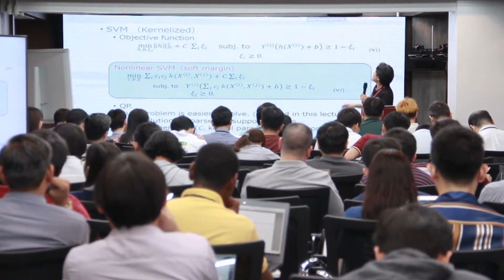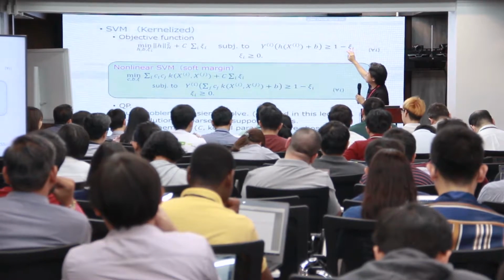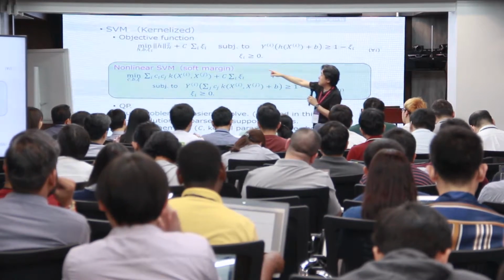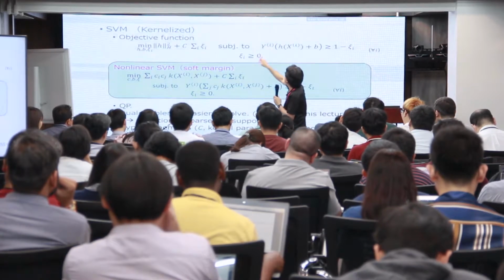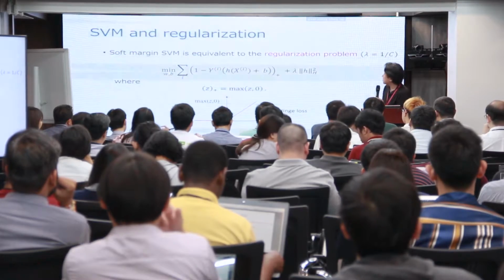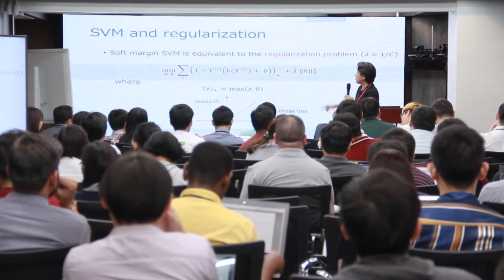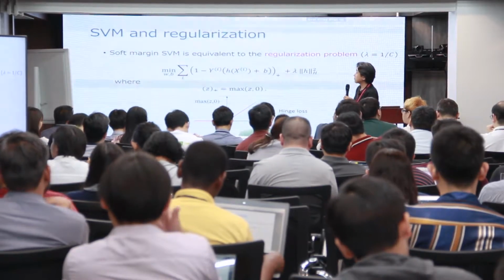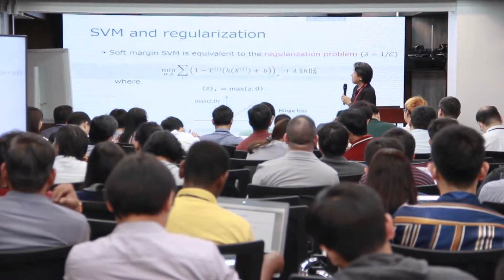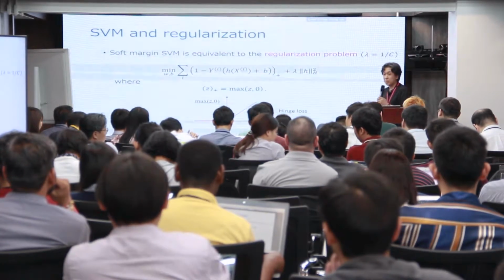But in some sense, we can erase this one and replace this z by this inequality. I skipped the detail, but we can obtain the equivalent expression in this form. This first term expresses some sort of loss function.